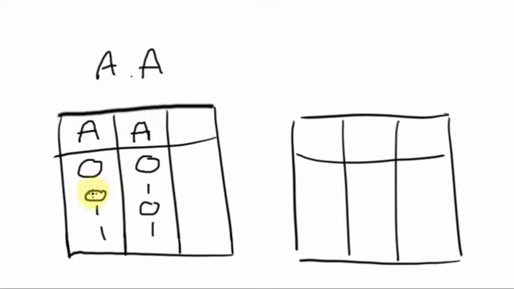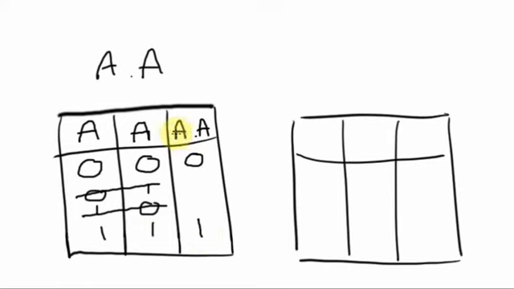So if A is 0, A can't at the same time be 1, so we're not going to look at that one. And if A is 1, A can't at the same time be 0, so we're not going to look at that one. So our output, A and A, if A is 0, then 0 and 0 gives an output of 0. If A is 1, 1 and 1 gives an output of 1.